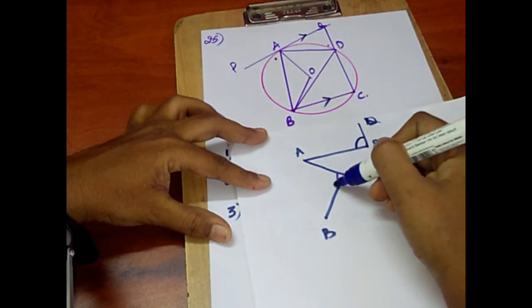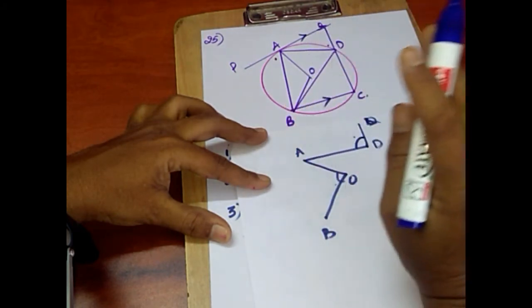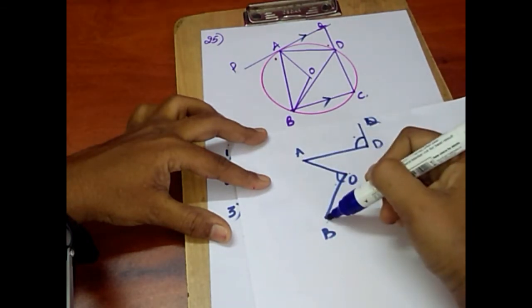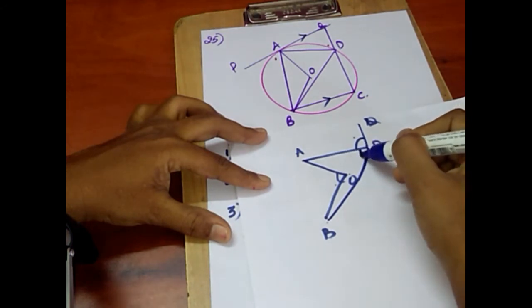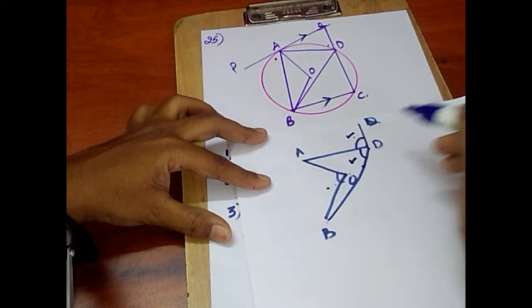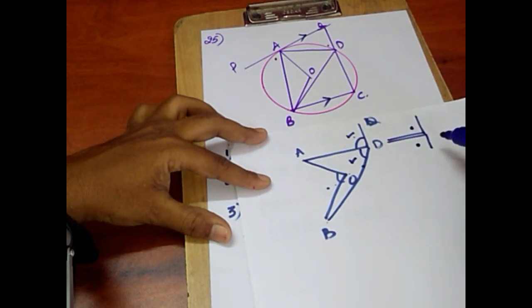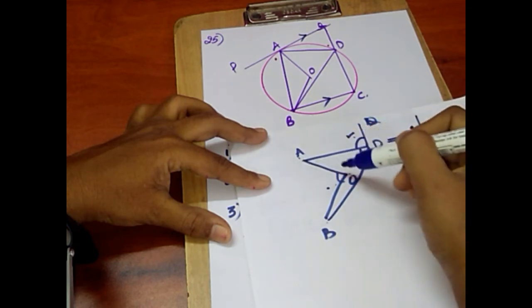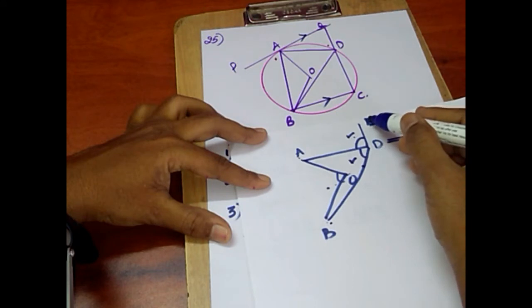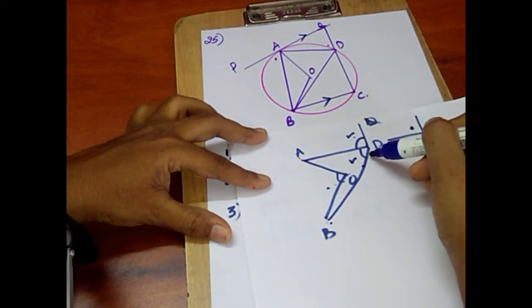Here also AOB and ADQ do not have any relation, but AOB and ADB are the angle at the center and angle at the circumference. So if I prove that these two angles, angle ADQ and angle ADB, are equal, then we can prove that the angle at the center is twice the angle ADQ. I hope you got this point, children.